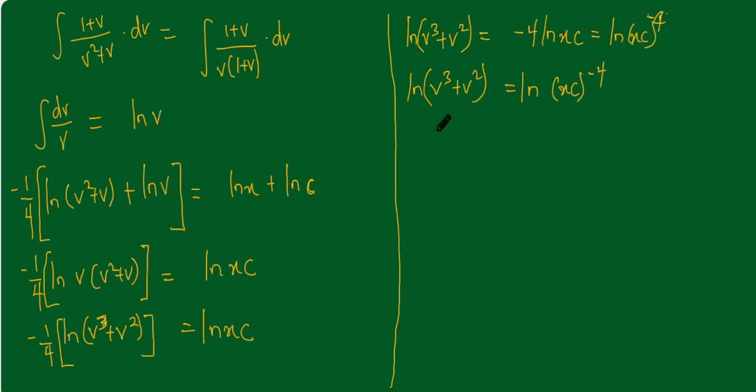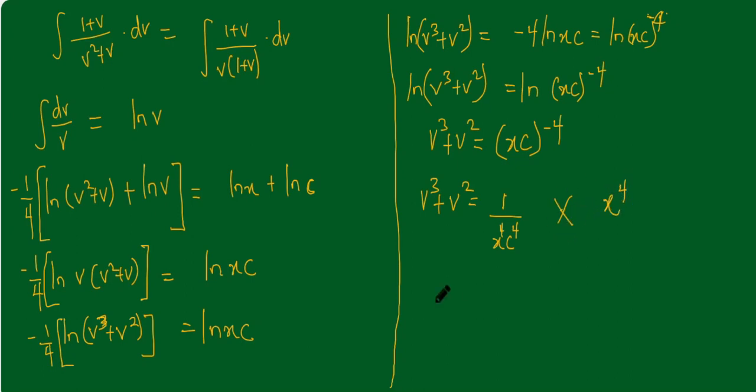We can compare both sides, and we have v cube plus v squared is equal to xc raised to the power of minus 4. So in evaluating this, we have v cube plus v squared to be equal to 1 divided by x raised to power 4, c raised to the power 4. So we can now multiply both sides by x raised to power 4.